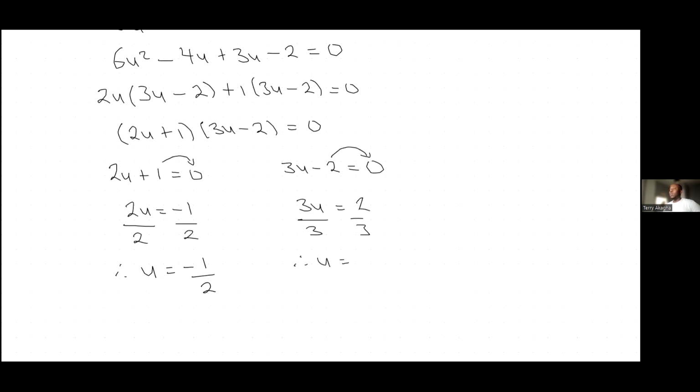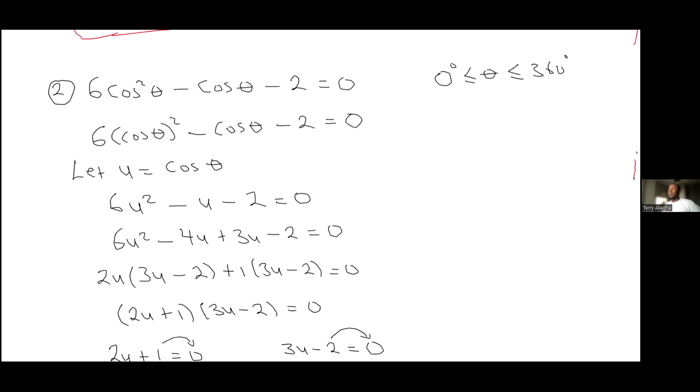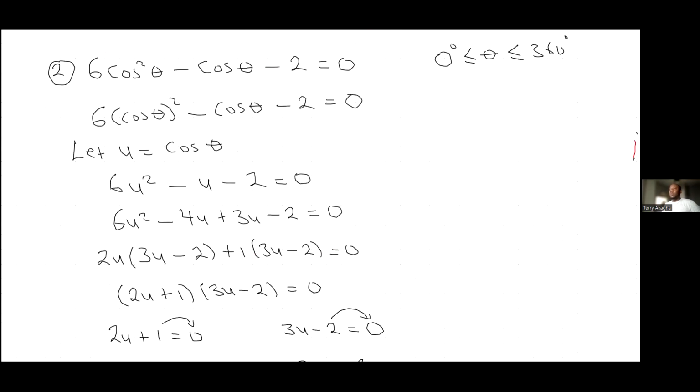All right, but you see, in this question, we are not looking for u. Understand? We're not looking for u. The question is asking us to look for X or theta. So we're looking for theta, but we know that from the beginning, we made u equal to cos theta.